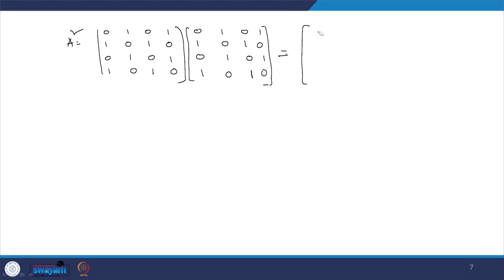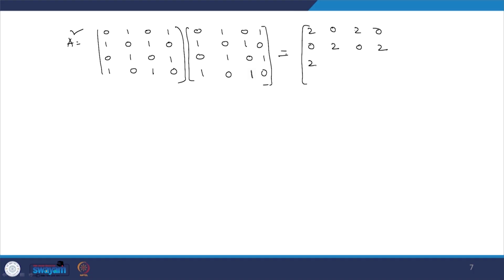So, first entry will be 2 because 0 1 0 1. Second entry will be 0, third entry will be 2, fourth one 0, second row 0 and this will be again 2. Second column will be 2 and then third one will be 0, it will be again 2.